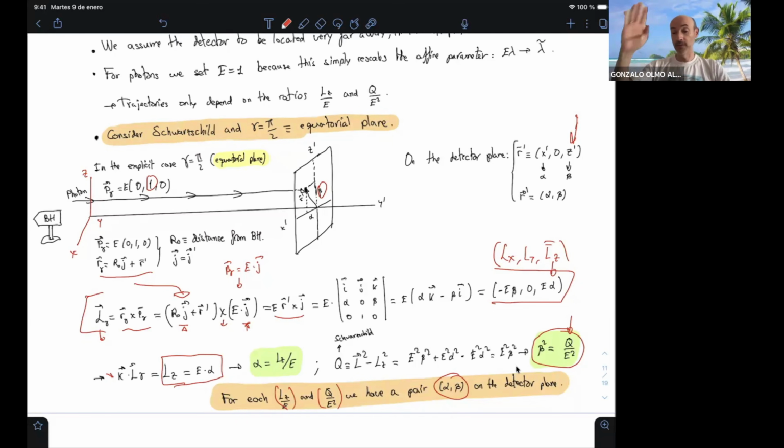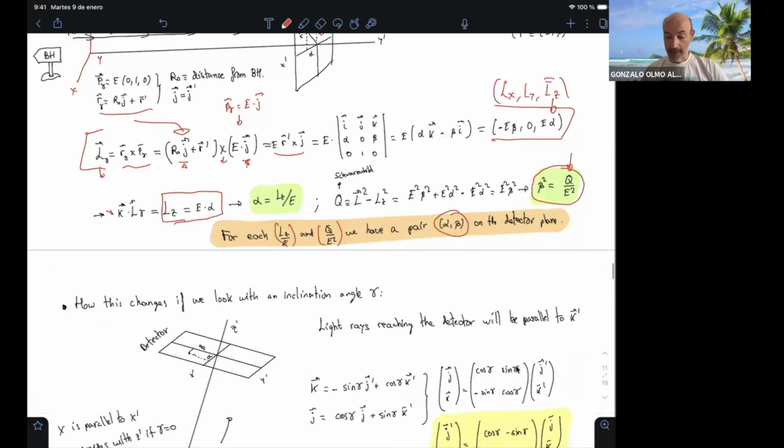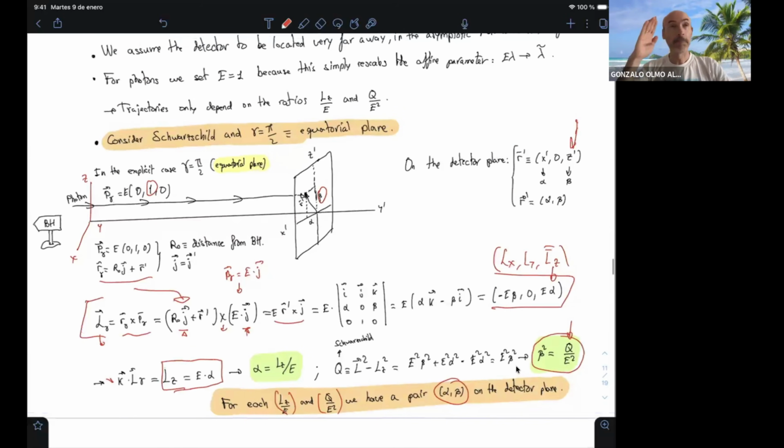We will define an array of pixels on this plane, and for each pixel, we know exactly the alpha and beta we are referring to. And with this alpha and beta, by means of this correspondence, we know the values of Q and LC. And with those values, we can proceed to integrate the equations. We'll discuss a bit more about that a bit later.